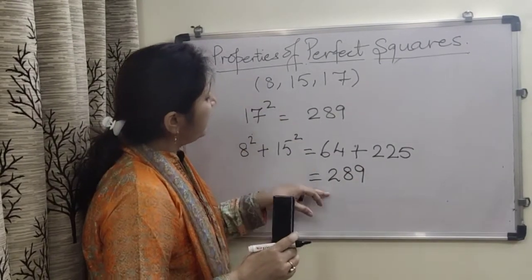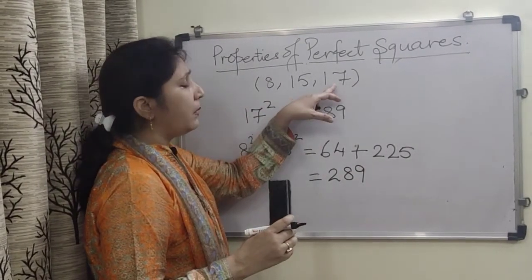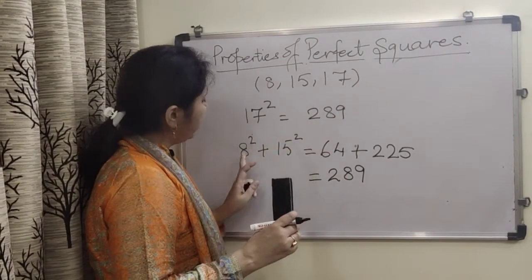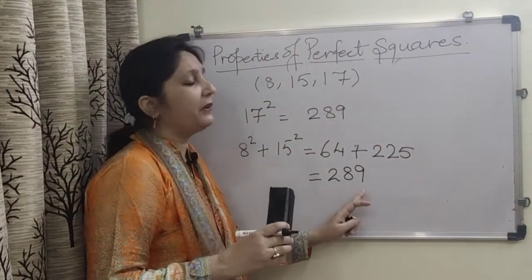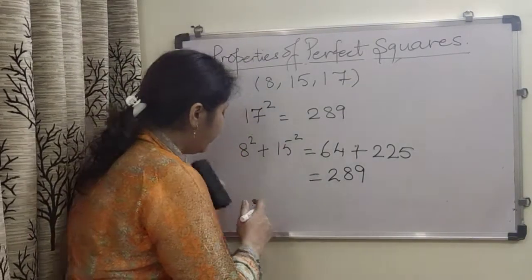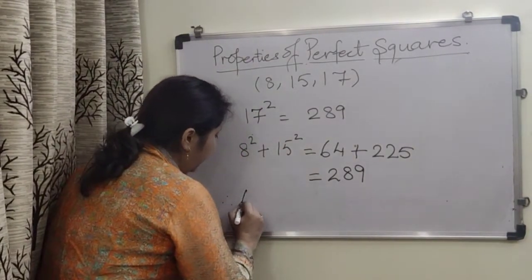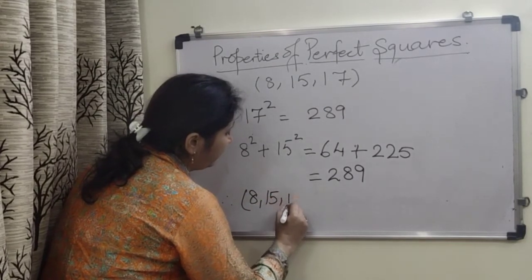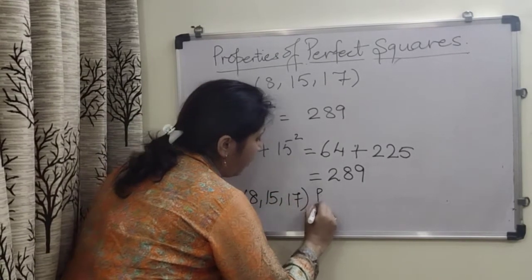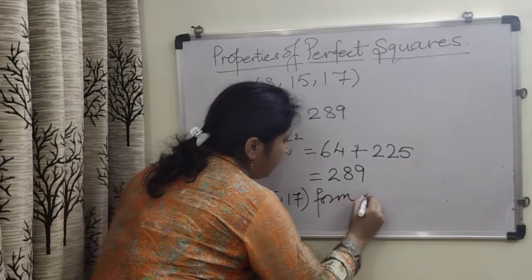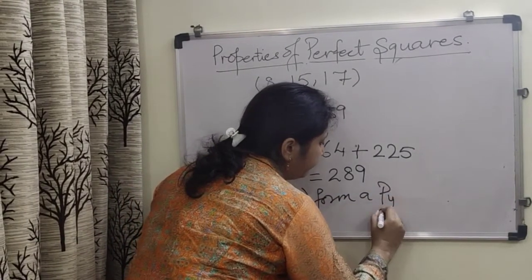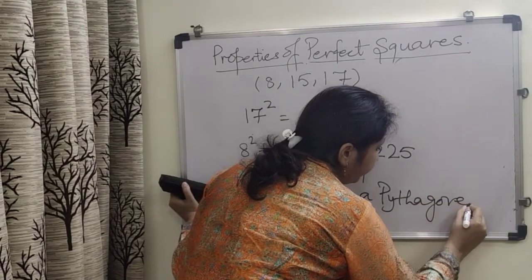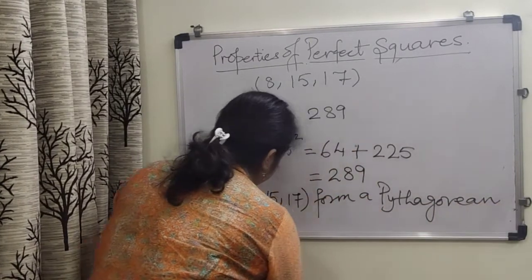From this you can easily see the square of the greatest number is 289 and the sum of squares of the other two numbers is also 289. Therefore we can say 8, 15 and 17 form a Pythagorean triplet.